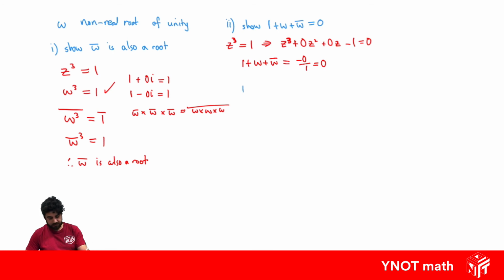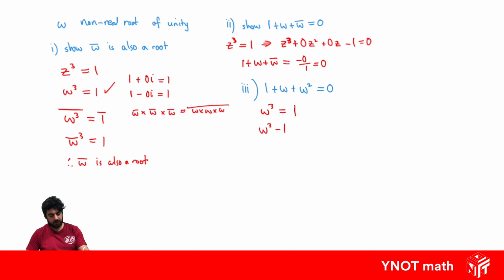What about, we want to show that 1 plus w plus w squared equals 0. Now, to do this, we know that w holds true in our equation, so we get w cubed is equal to 1. Let's go ahead and minus 1 from both sides.